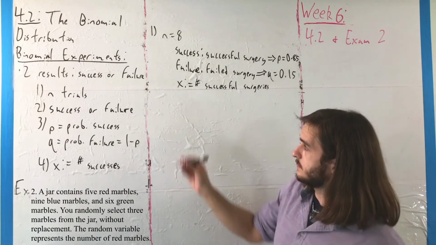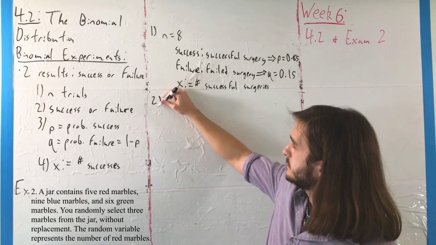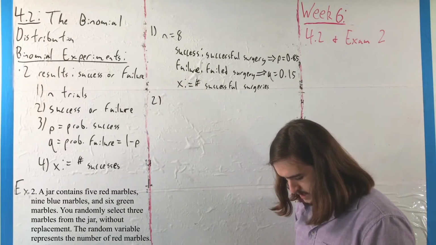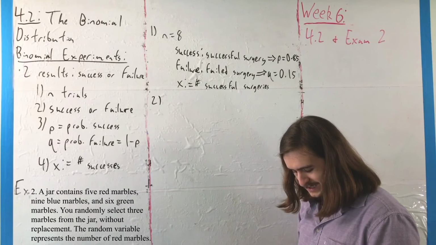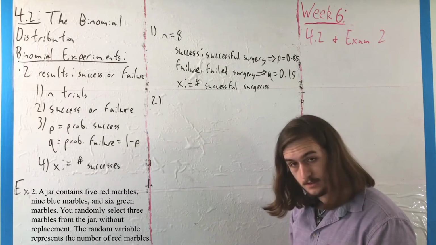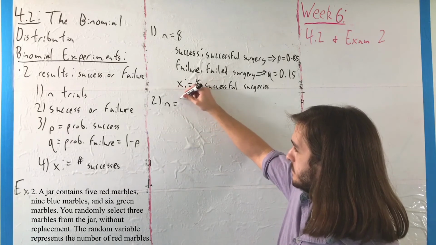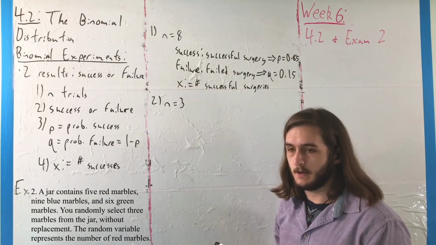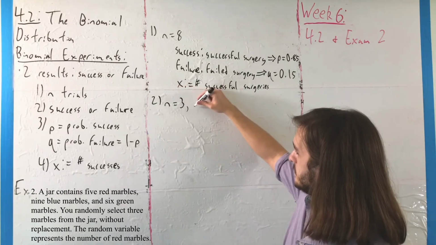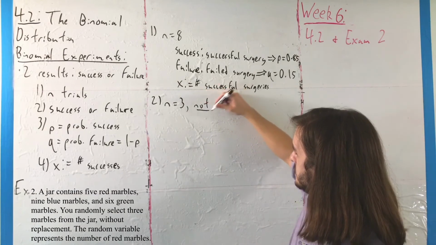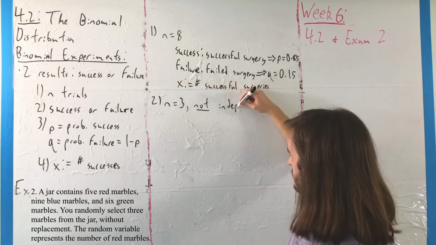On the other hand, for our second run, looking at this, we do have a fixed number of trials. We're drawing n equals 3 marbles from the bag, but these are not independent trials.